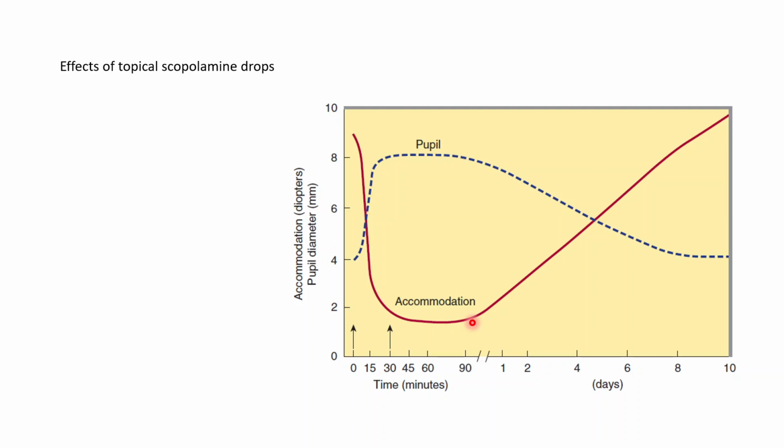And the third effect is the reduction in the lacrimal secretion. That is why patients have an adverse effect, that is sandy eyes, especially with large doses of atropine.